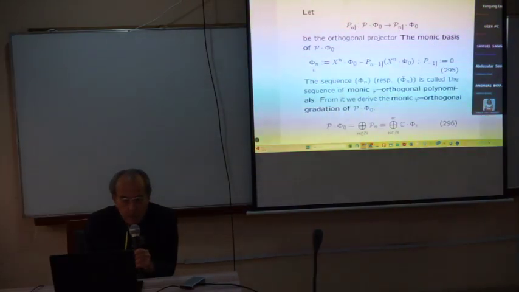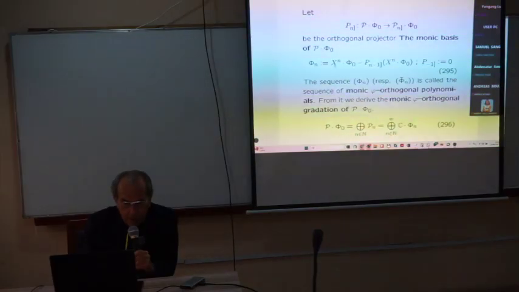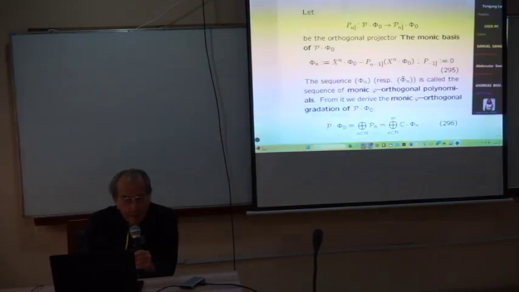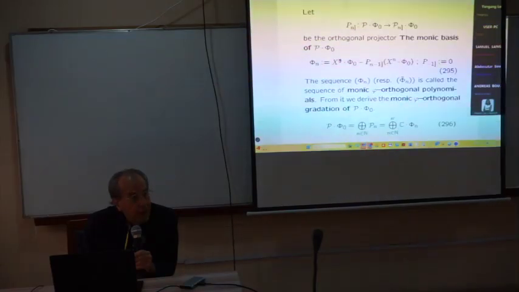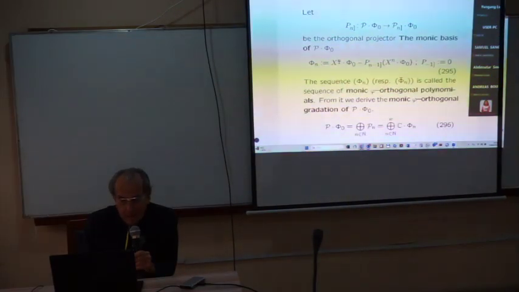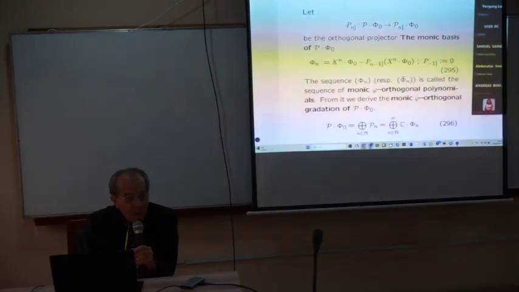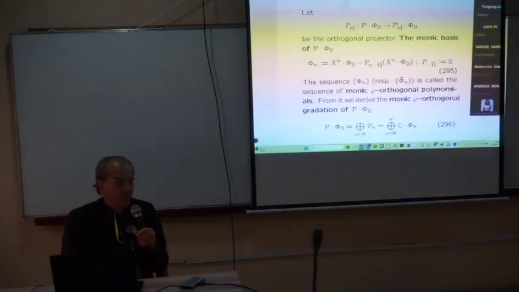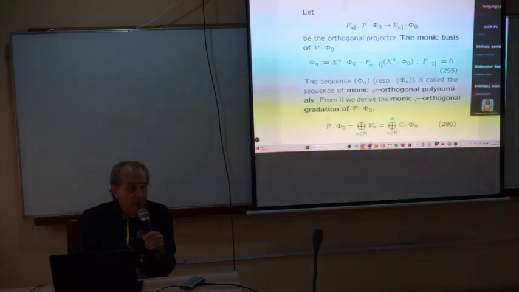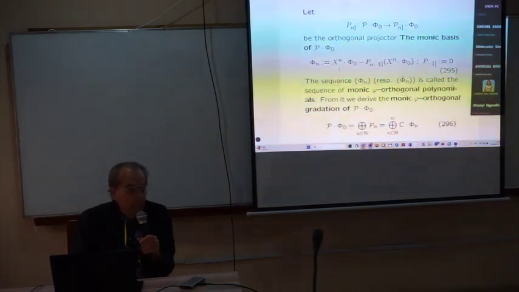And this gives a new polynomial which has a very special property: the highest degree term, which is x to the power n, has coefficient 1. Such polynomials are called monic. So a monic polynomial is a polynomial whose highest degree term has coefficient 1.